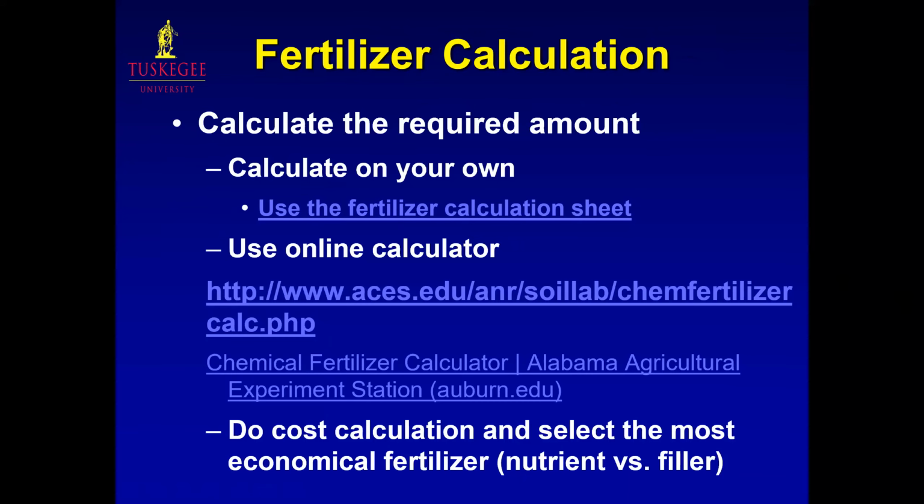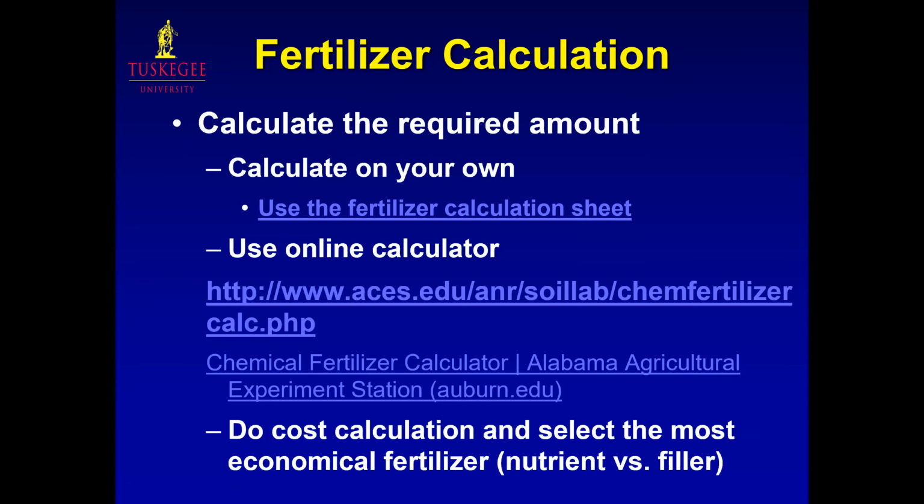It would come as so many tons per acre, and we just go and buy and apply that much lime to that field, following the rate recommended. For fertilizer, we need to calculate how much fertilizer is needed, because the recommendation is for the nutrient component, not the actual fertilizer.